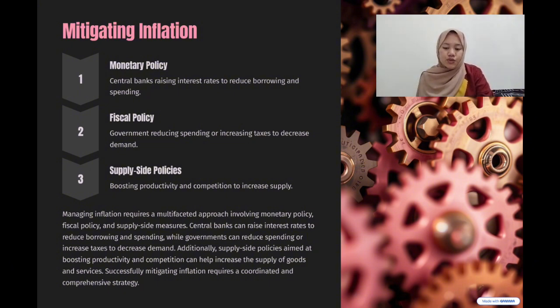Additionally, supply-side policies aimed at boosting productivity and competition can help increase the supply of goods and services. Successfully mitigating inflation requires a coordinated and comprehensive strategy.